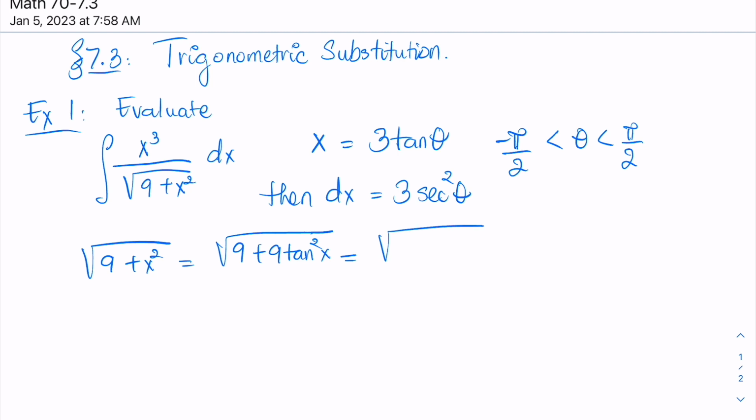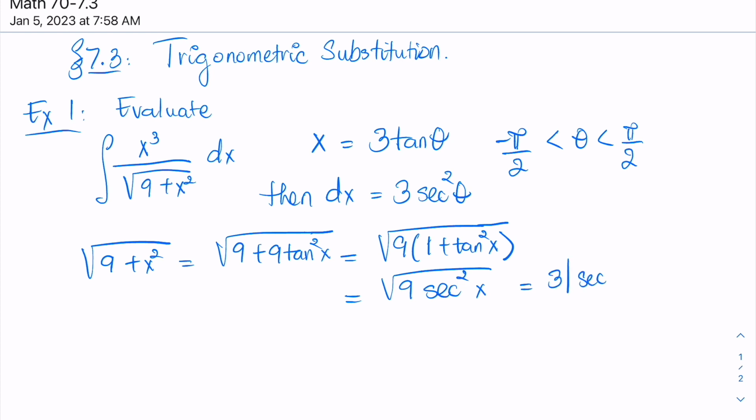And then we want to factor out the 9. So we end up with 1 plus tangent squared theta. But 1 plus tangent squared is a trig identity. That's just secant squared. So when you take the square root, we end up with 3 absolute value of secant theta.